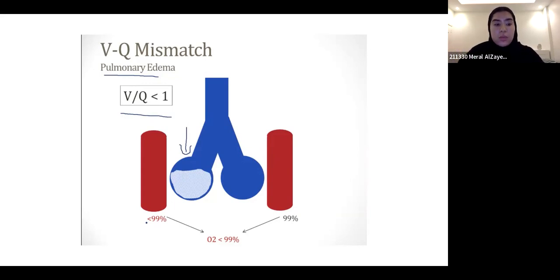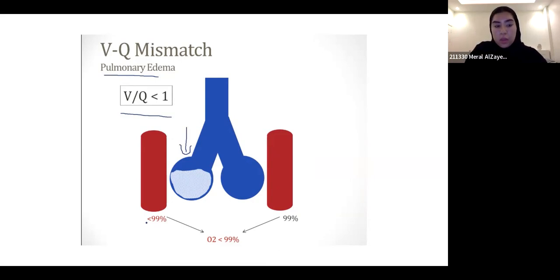Do you remember how we just said it's always the mismatch? It's the difference between them, because our body isn't ventilated by only one alveolus, it's ventilated by many. So when we take these two, they're going to mix eventually, and the difference between these two alveoli gives us a VQ ratio mismatch.